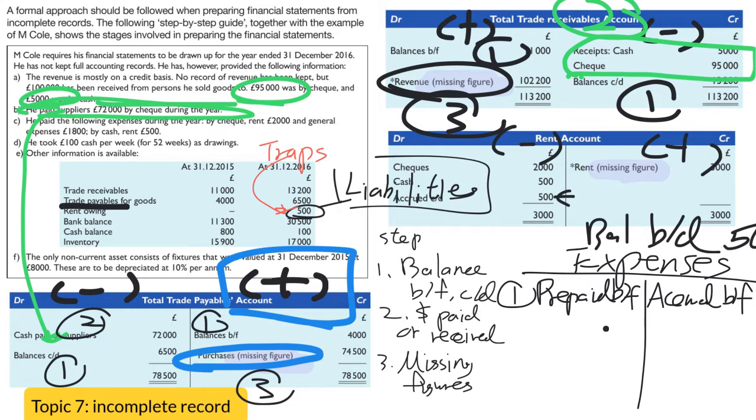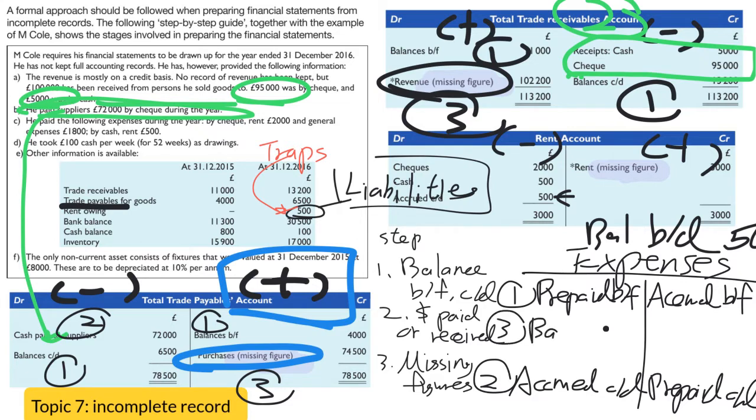Step number two, you put any accrued carried down or prepaid carried down in here. Now for step number three, you have to put the bank or cash here. For step number four, you can find out the missing figures.